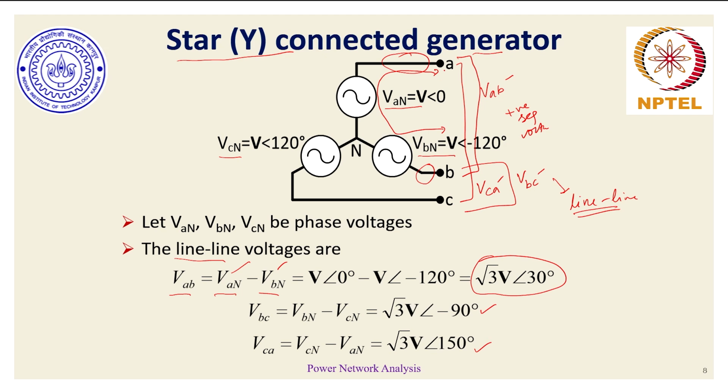Now, there is an important observation here. My initial phase voltages were all balanced, positive sequence oriented. And if I now see the line-to-line voltages, they also appear to be balanced, because the magnitudes or RMS values are all the same, and the phase angle difference between any two adjacent phasors is still 120 degrees, again in the clockwise or positive sequence orientation.